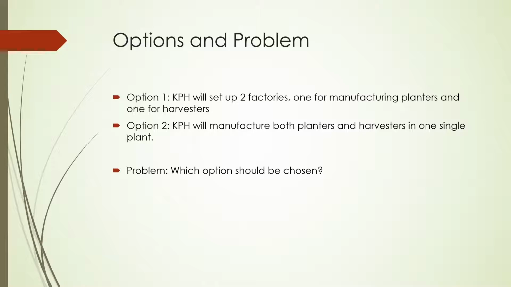So for the management of KPH, their problem is how to trade off among the demand, inventory, and workforce, and which options to choose. For next step, we will dig deeper into these factors that can influence KPH's decision, and let's welcome Ellie to discuss the next part.